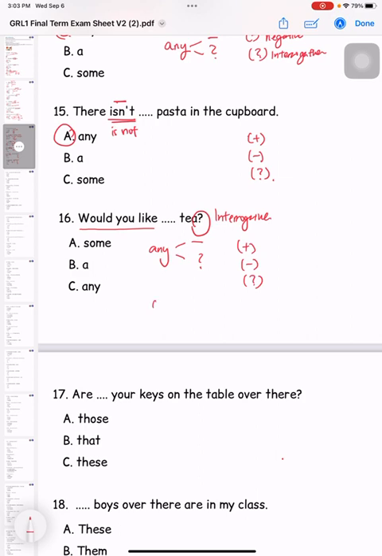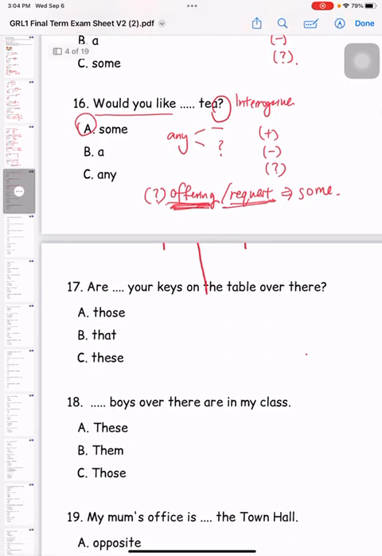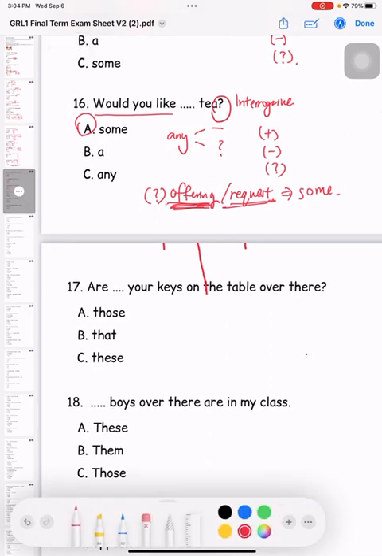So it's like you are offering somebody something. 我给你一些东西，你要吗？我给你喝茶，你要吗？ So when it is an offer or a request, even though this is an interrogative question, because this is an offer, 我给你 or a request, we would use some in this case. So the answer is A. Would you like some tea? Right, so bear in mind when we're talking about offer or request, it will be a different thing.